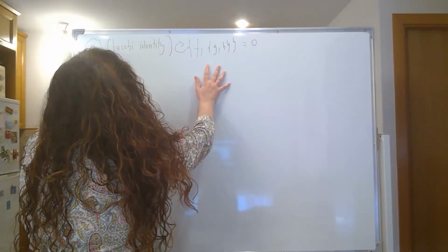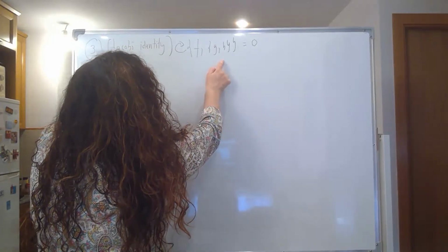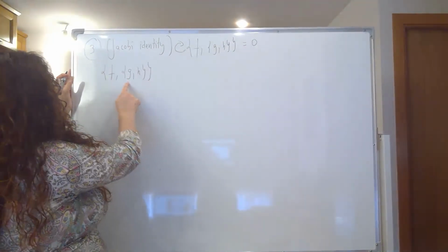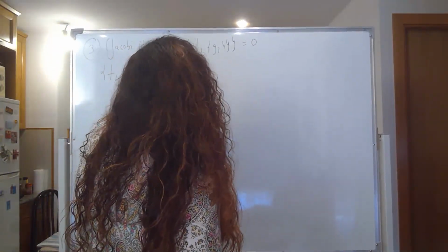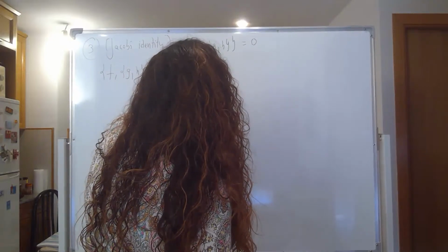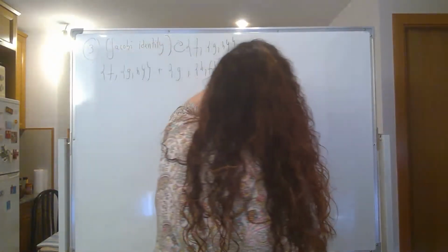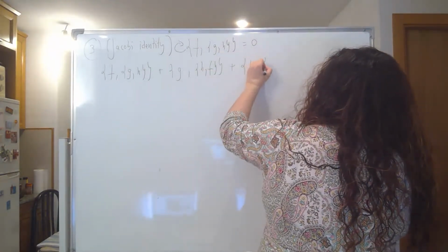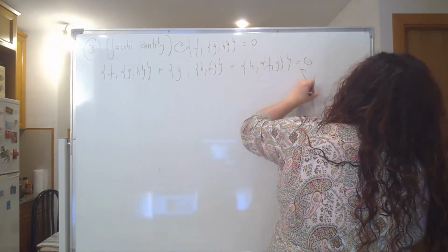This means that I can write this the long way: the bracket of {g,h}, fixing this element and then cycling. The next one will be g, then {h,f}, plus the next one will be h, and then I have {f,g}. The sum of this is equal to 0. This is Jacobi identity.